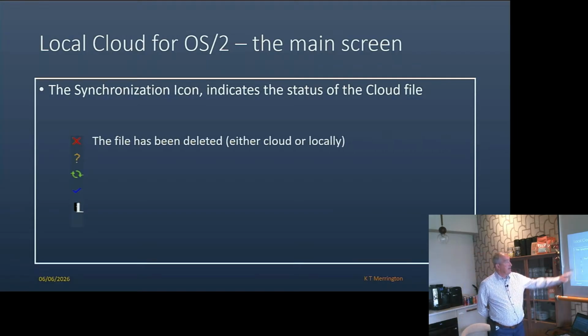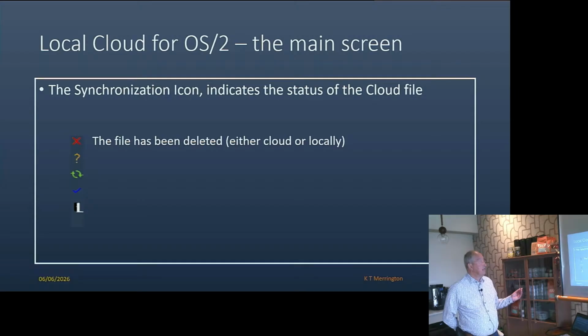You have the file has been deleted. It's still in your synchronization list, but it's been deleted. This delete icon can also show whether it's been deleted locally or in the cloud. I haven't added that here yet.